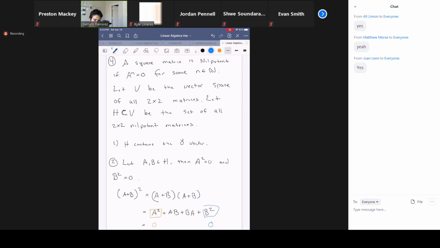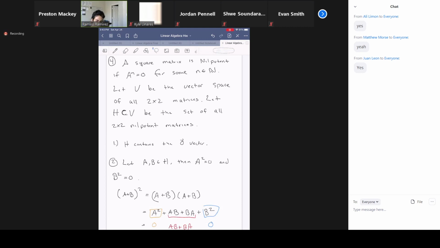But notice that here you just get AB plus BA, which basically tells me that this could be not 0, right? So it tells me that this is not closed.